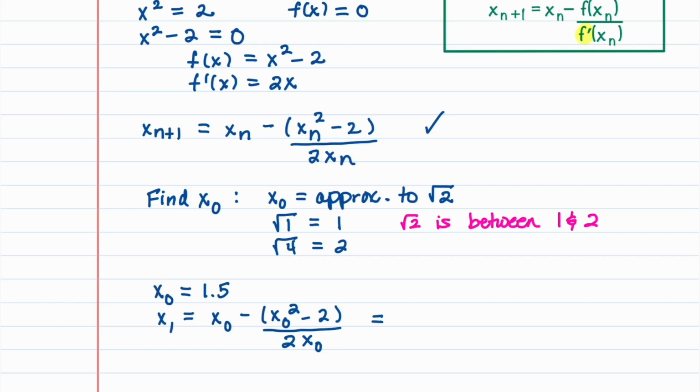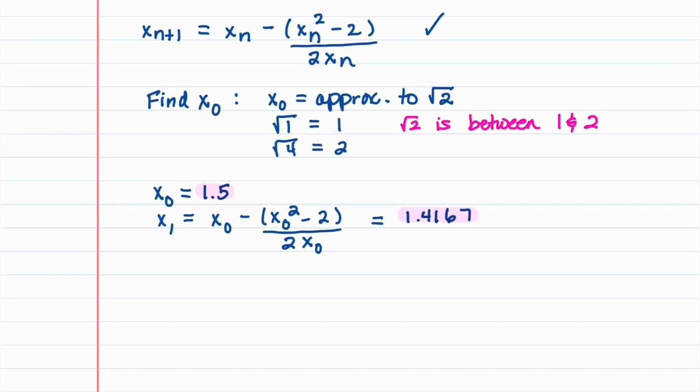Now what you have to do is take this formula, put it into your calculator, and let x0 be 1.5, and you end up with 1.4167. Let's go ahead and highlight that, and then we'll go back and highlight x0. x1 and x0 do not agree, so we have to keep going.